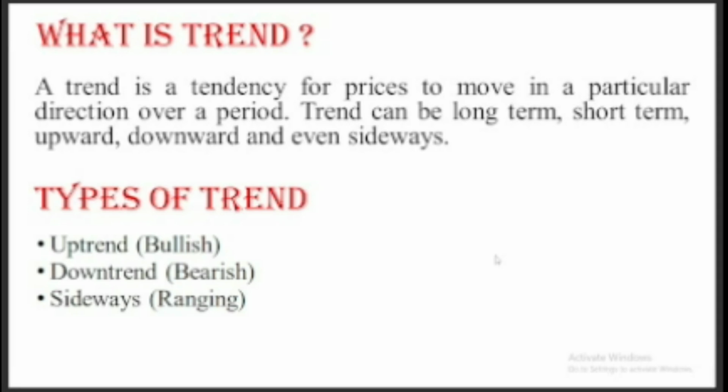So a trend can either be long term, a trend can last for months, weeks, years. A particular trend can last for long term, and it can also be short term, because when we look at price and we look at the chart, whatever is happening on the 1 hour time frame, the same thing is also going to repeat itself on the 4 hour time frame. Likewise, the daily time frame, the monthly time frame, the weekly time frame.